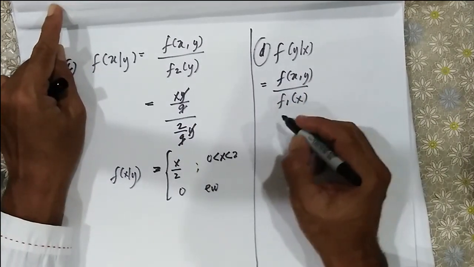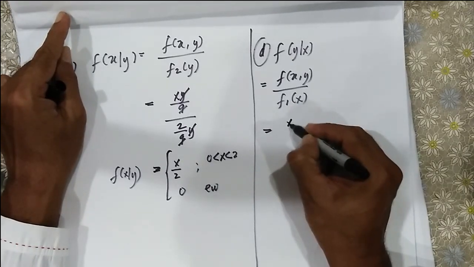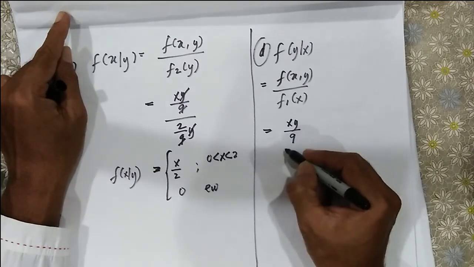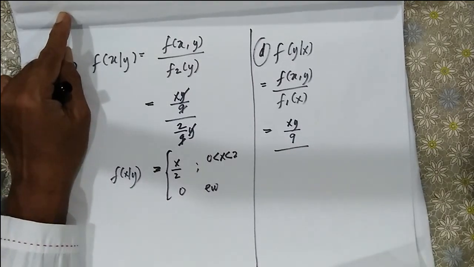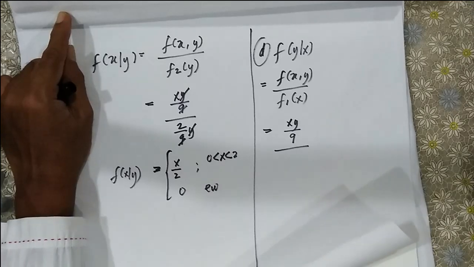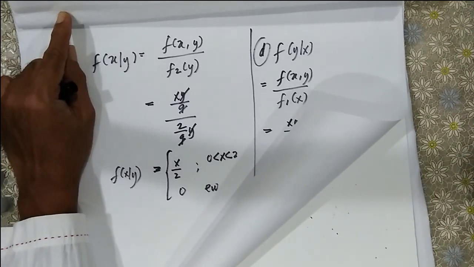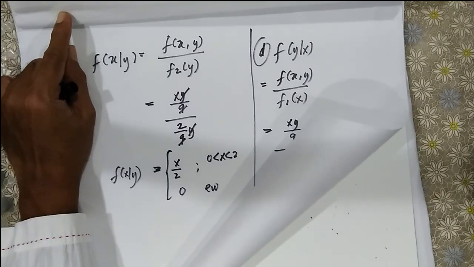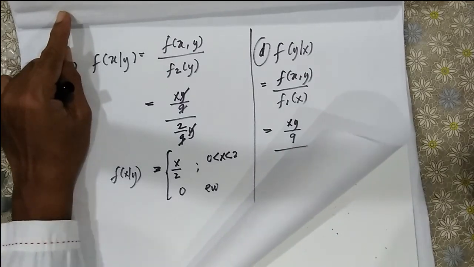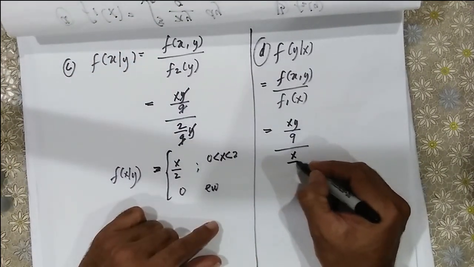So the joint property is xy over 9 divided by f sub 1 of x. If we go here, you have f sub 1 of x equal to x over 2.